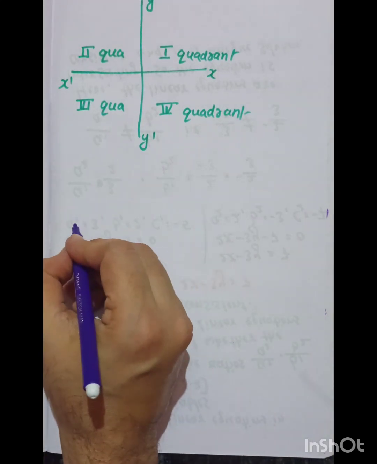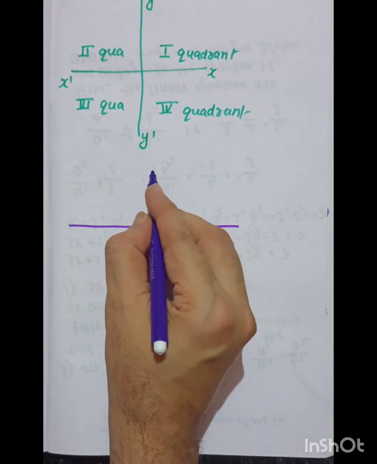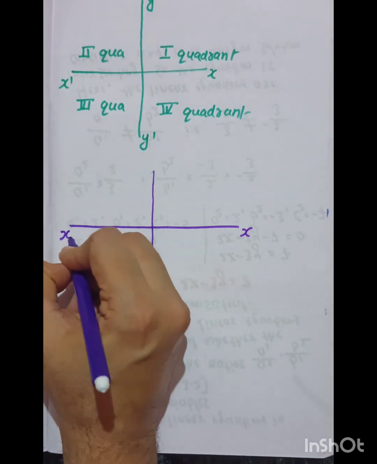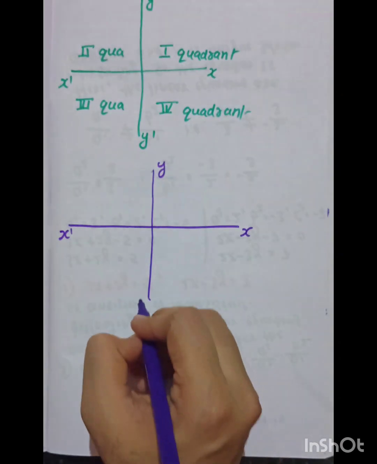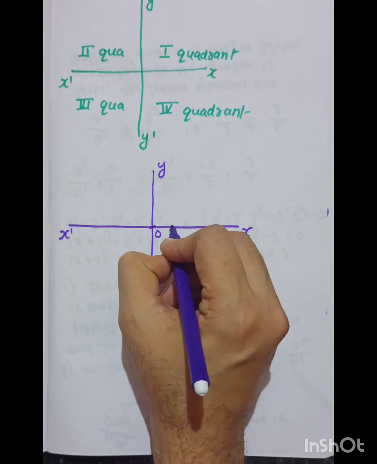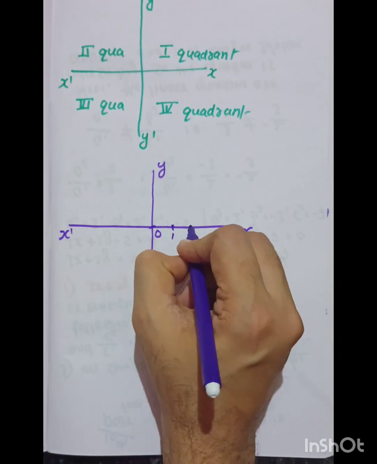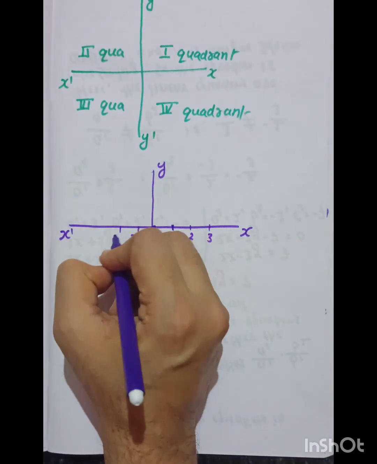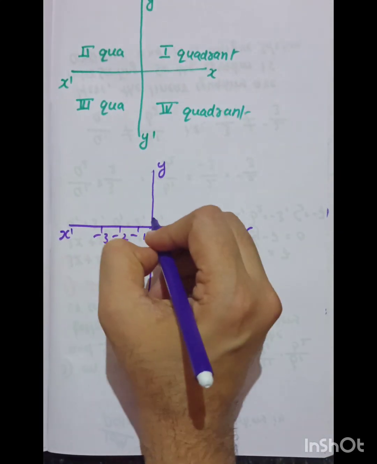Now I will draw this once again. It is x dash, y dash. We know that it is the origin. Here I am going to write 1, 2, 3 and so on. Here -1, -2, -3 and so on.